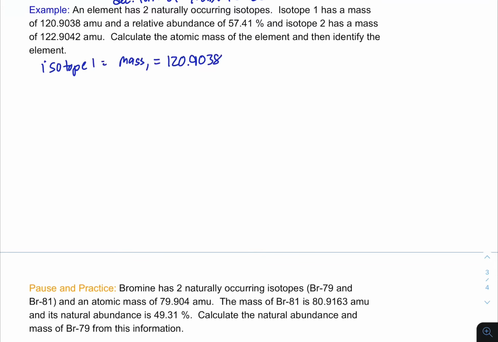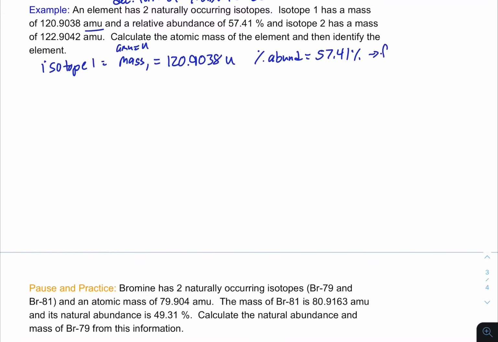And we'll notice that we can write AMU or we can write U. We can say those two interchangeably. That's just a shorthand for atomic mass units. We can write U. And then we can say its percent abundance is 57.41%.